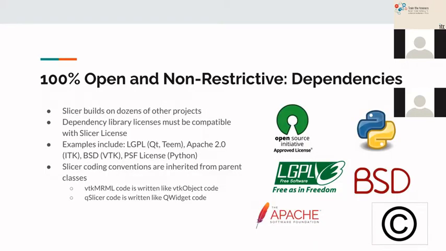So the consequence of that is that because we want Slicer to be free and available in the way I just said, we need to build our software on top of other pieces that are also similarly free and non-restrictive. There's an entire course, I'm sure, possible about the concepts behind different software licensing terms and how they play out, especially in different countries and jurisdictions.